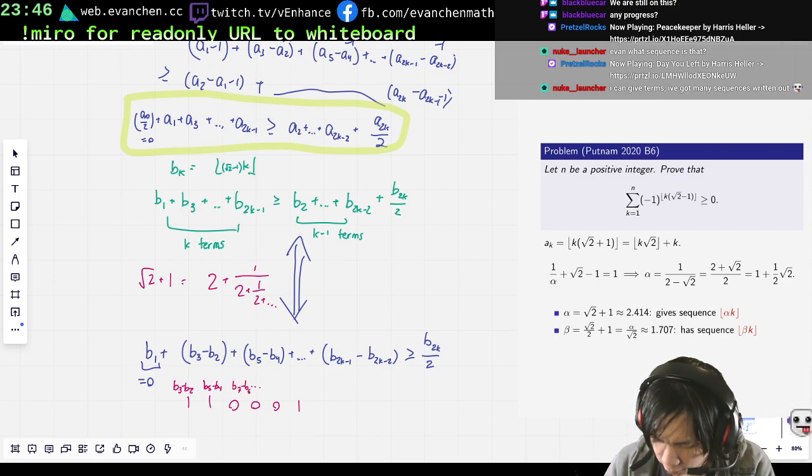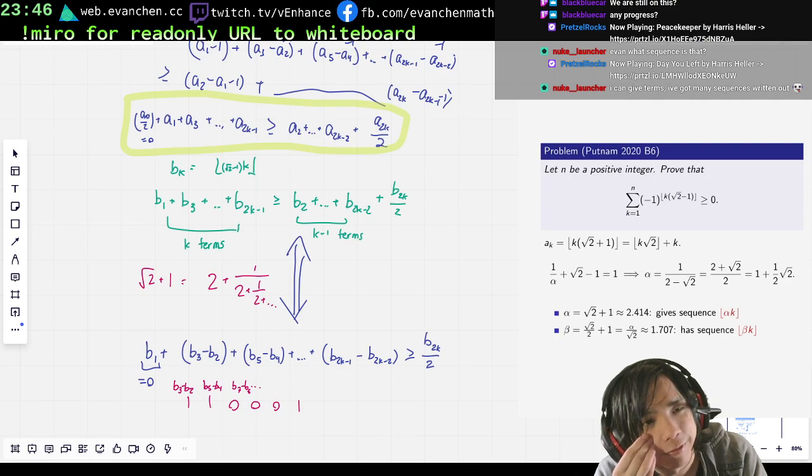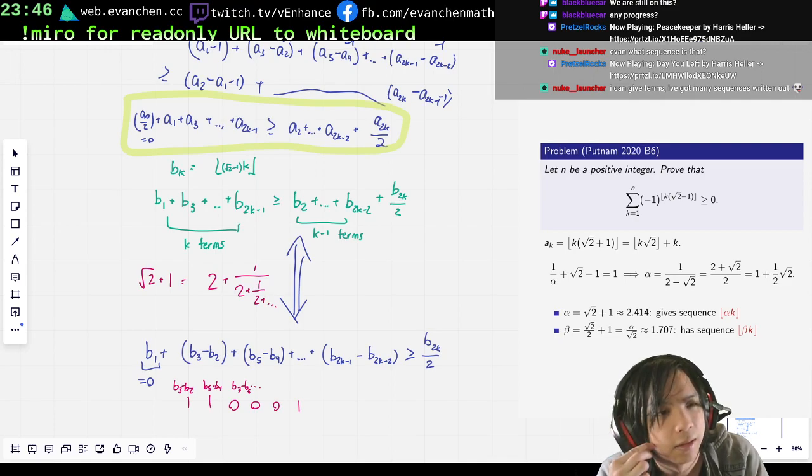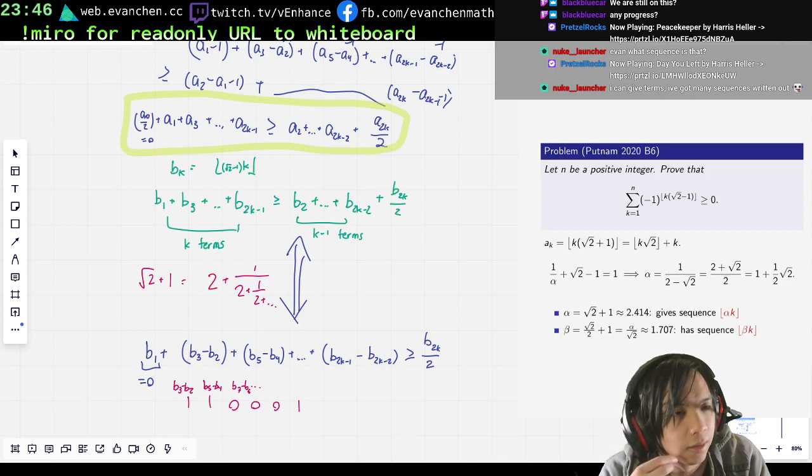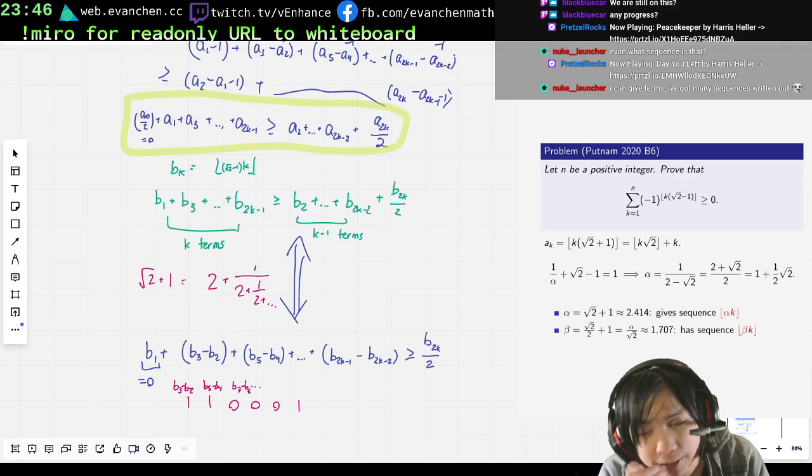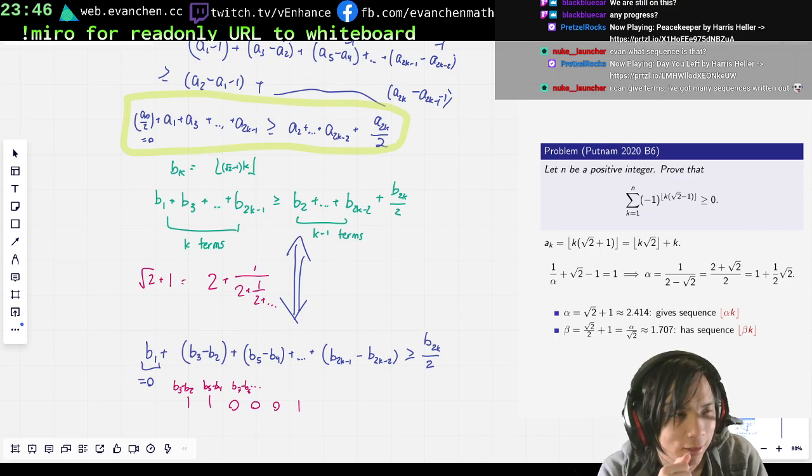And I'm trying, very roughly, to reduce the problem. I want to do an induction that's not induction by one. I want to somehow group these terms in a way that it's recursed on itself or something.